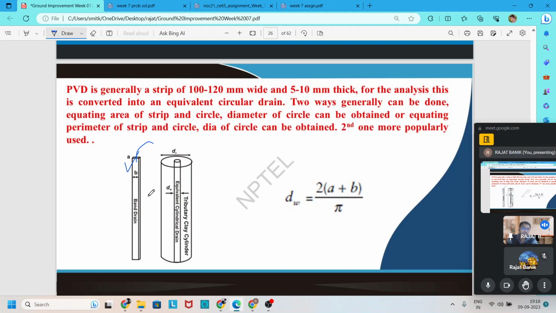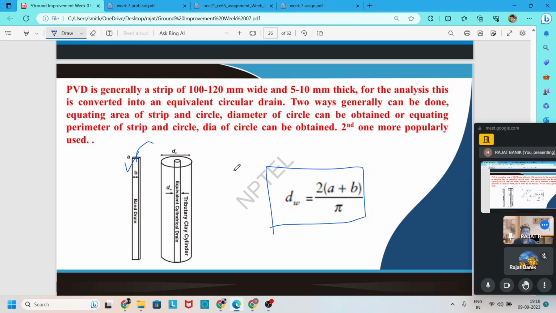Most of the time we use the second one. That means we equate the perimeter of both drains. This formula is arrived at after equating the perimeter.